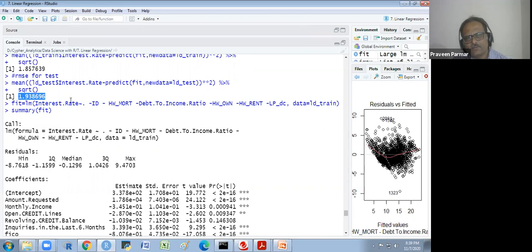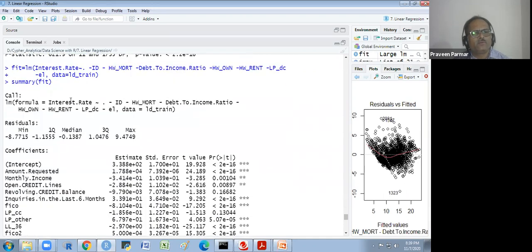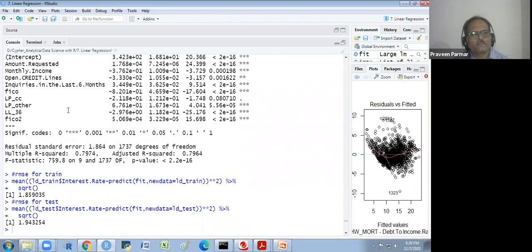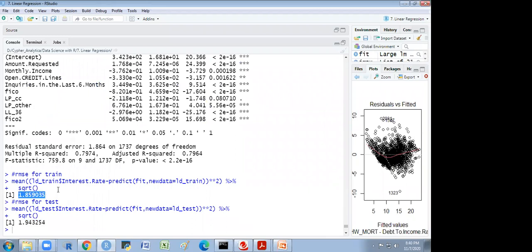And 9.3, it was also 9.4 basically. So here also 1.86 and 1.94. Got it? Approximate.